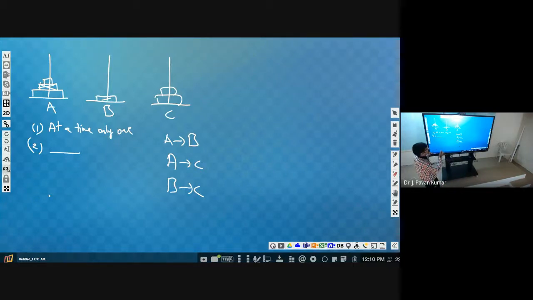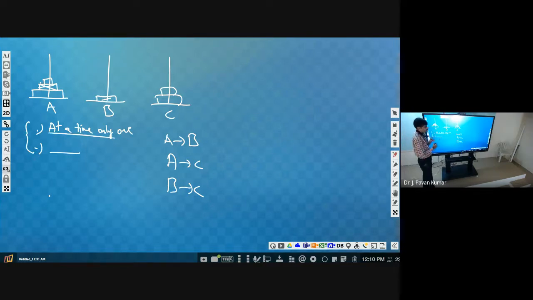Did you understand the problem? The problem is we will be having some boxes in A. We have to move them to C by following these two rules, these two conditions.